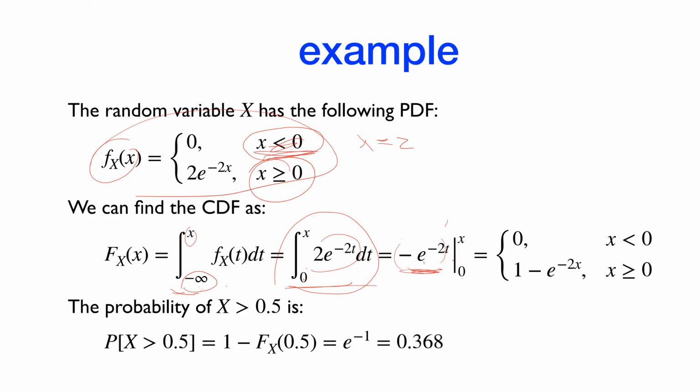When you plug in 0, this is 0, this is 1, so you get -1. And when you plug in x, you will get this. Then you minus 1, you get 1 minus e raised to the power -2x. If you don't trust me, go back and calculate. Even if you trust me, go back and do your calculation. This will be your CDF.